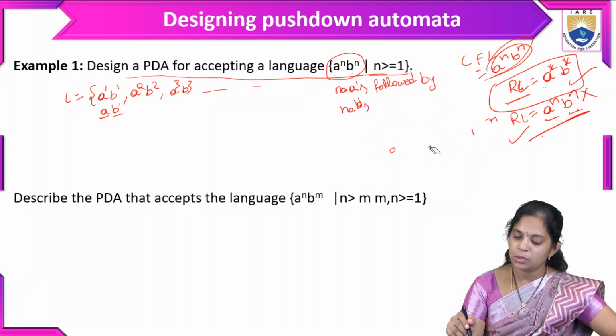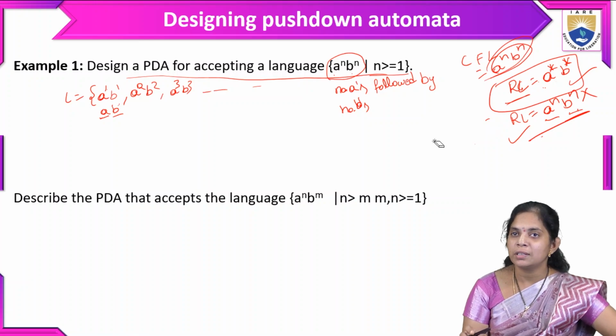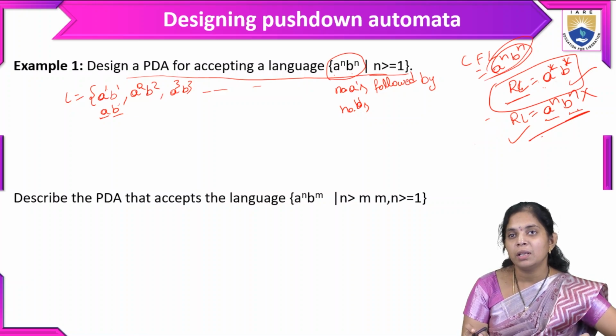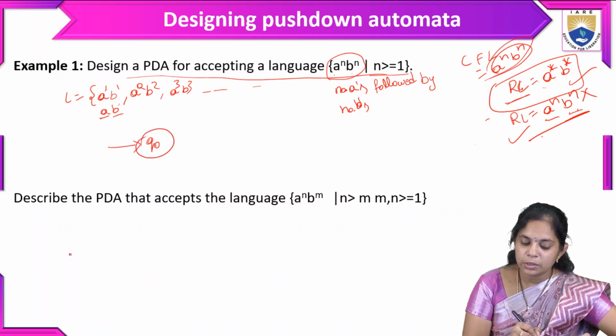So how to design this? We are going to construct the transition diagram. What is the logic here? We need to start with Q0.